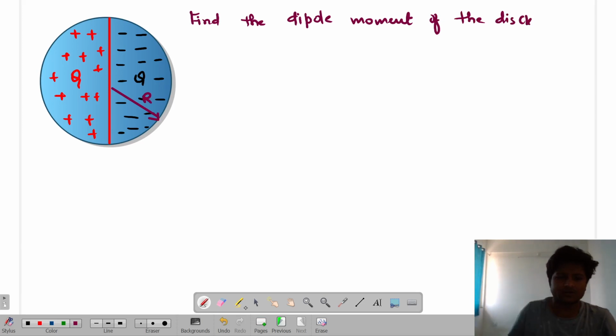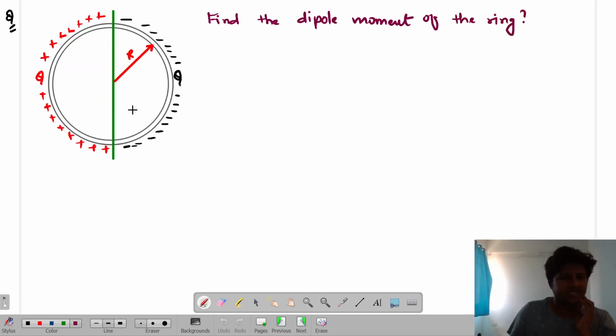Simple, look over here. You see the ring portion, basically the center of the ring. The plus charge is spread on the semicircular part. This is my origin, 0, comma 0.